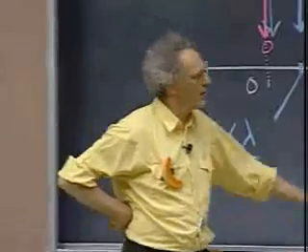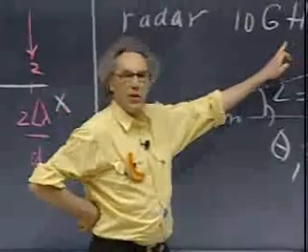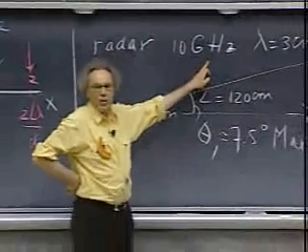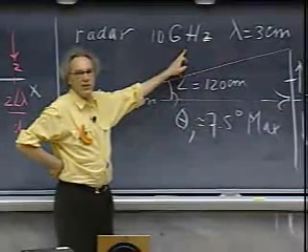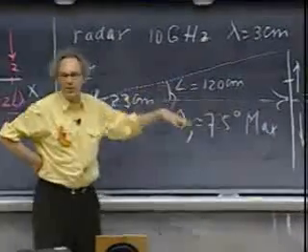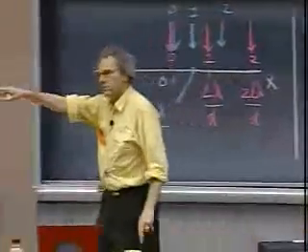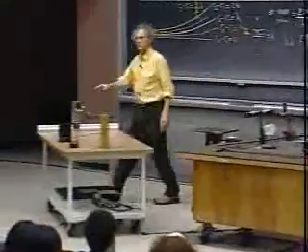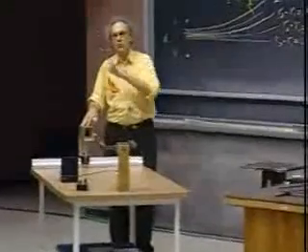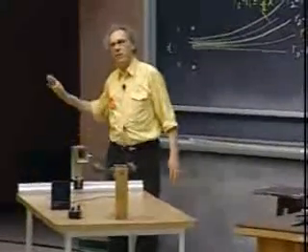We modulate this 10 gigahertz signal with a 1000 hertz audio signal. We call it amplitude modulation. And the receiver, which is here, receives the 10 gigahertz radiation, which is modulated at 1000 hertz. We feed it to an amplifier, we demodulate it, and you will hear the 1000 hertz.